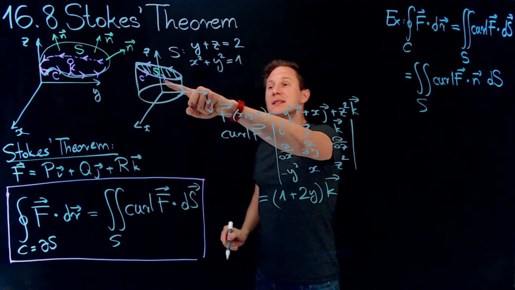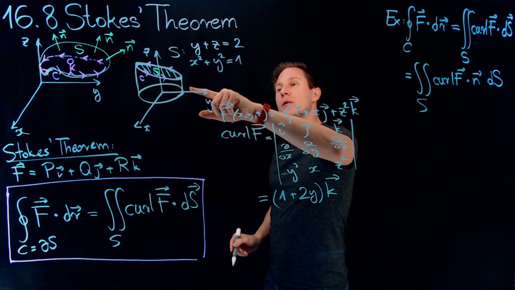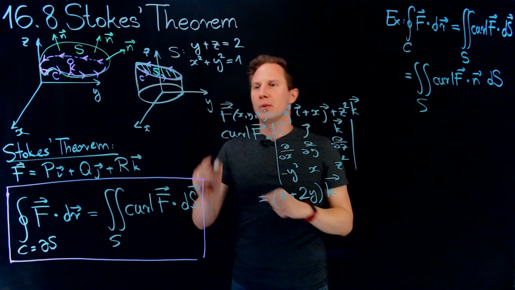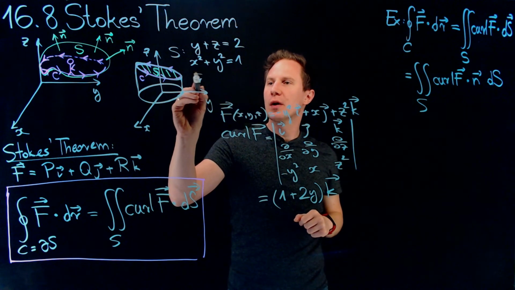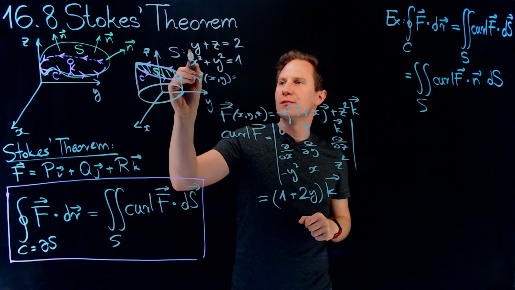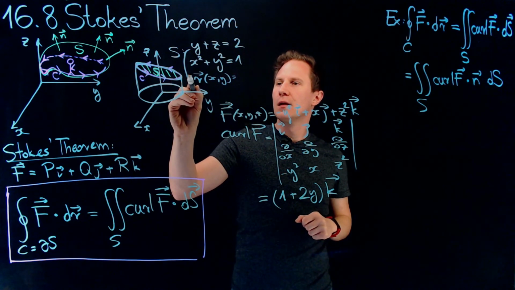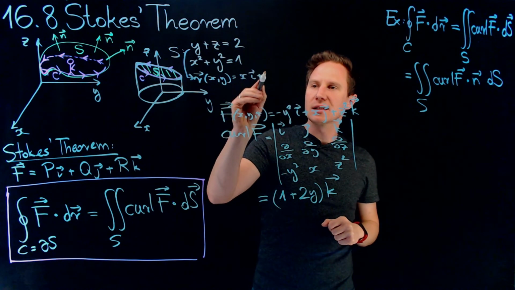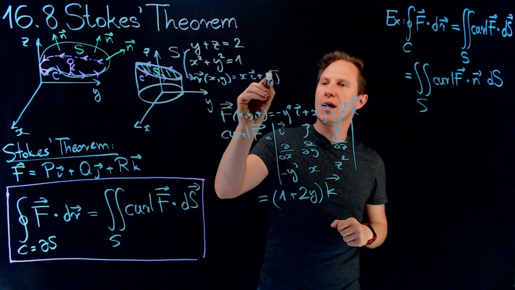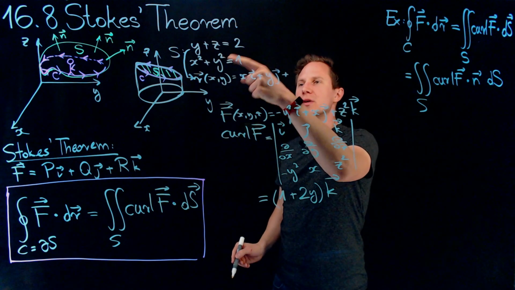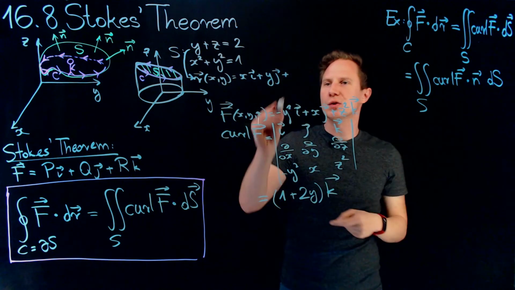So it is a piece of that plane y plus z equals 2, and the plane itself we could parameterize by the following vector function. So that's for the plane. It could be parameterized as x times i, y times j, and for the z component we have to solve this equation for z, which is just z equals 2 minus y.